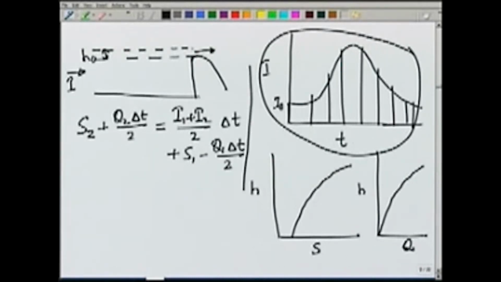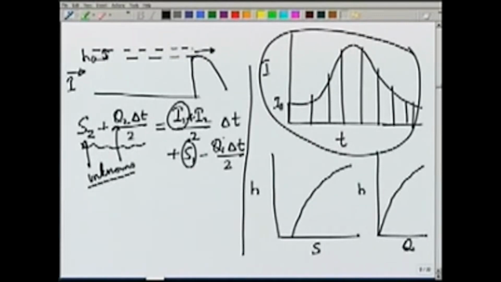So, the same mass balance equation is now written in a slightly different form by putting all the unknown quantities together. S2 and Q2, both of these are unknowns. I1, S1 and Q1 are at the beginning of the time step, so these are known, and as we said, I2 will be known because this entire curve is given to us.